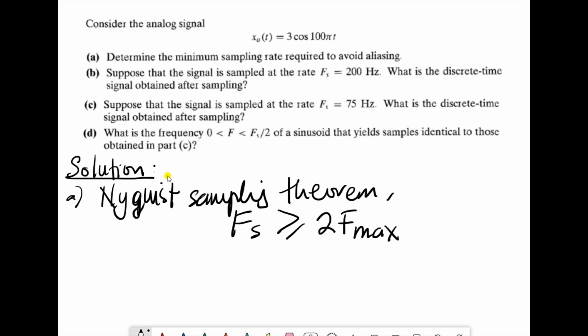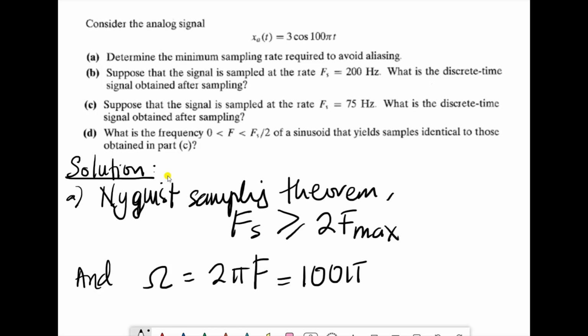Fmax here is the frequency of the signal. So we need to find the frequency of the signal, and we know that capital omega equals 2 pi f equals 100 pi.